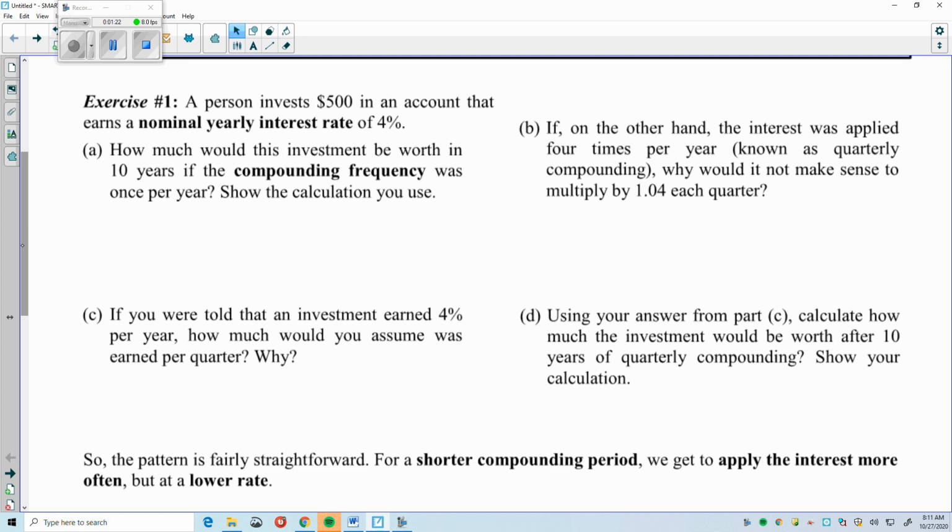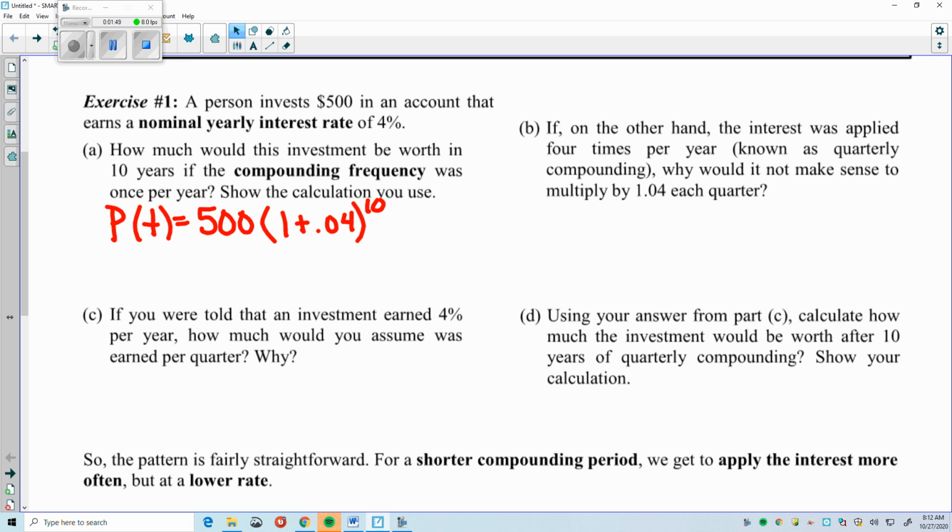This should look very similar to things that we've done in the past, where we have our principal and our interest rate is 4%. So we want to think 1 plus the interest rate expressed as a decimal, and then we raise it to the number of years it's going to be compounded, which is 10 years.